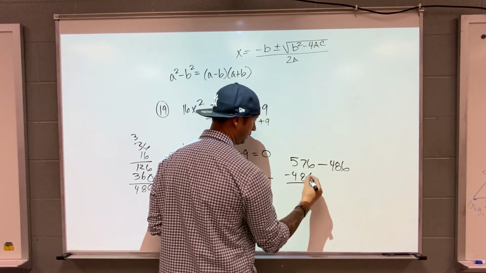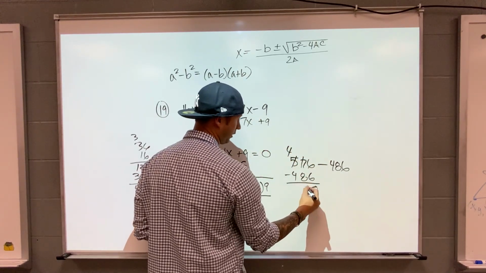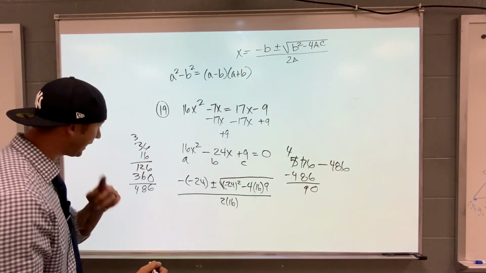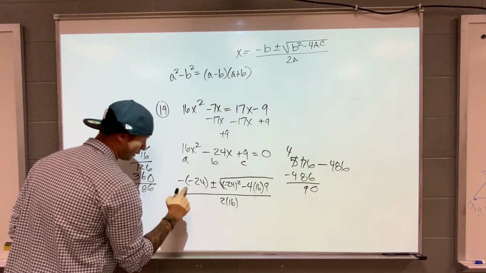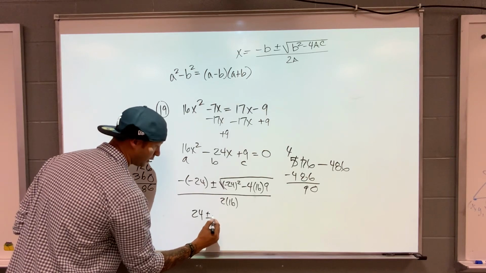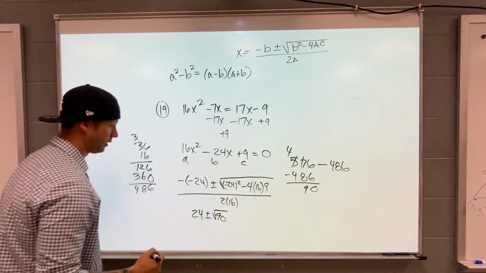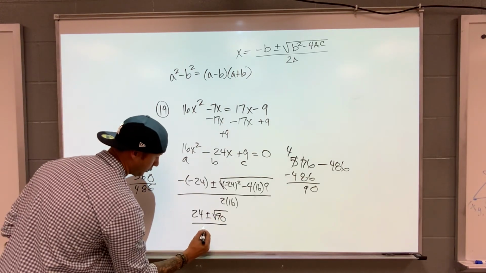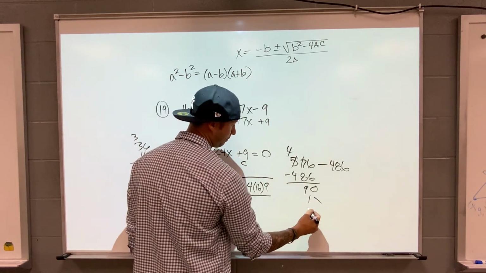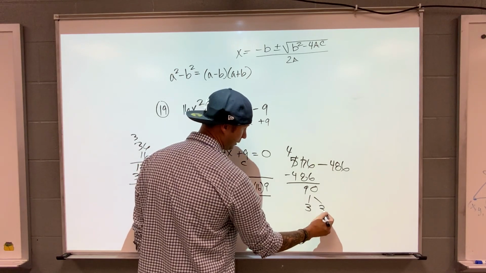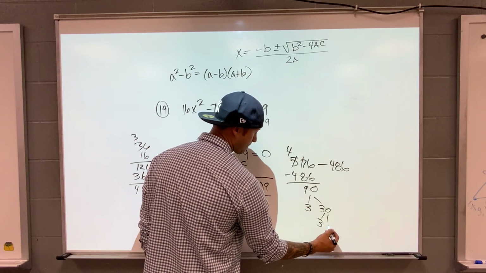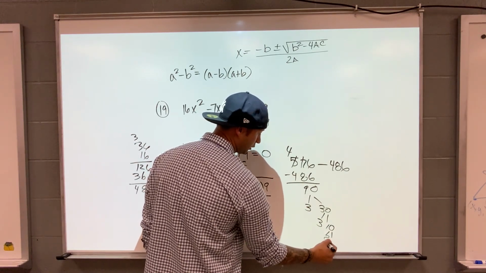So 576 minus 576 minus 486 is going to be 90. That's kind of nice. So simplifying, this is going to be 24 plus or minus root 90 all over 32. Okay, root 90. This can be split up, 3 times 30, which is 3 times 10, which is 2 times 5.